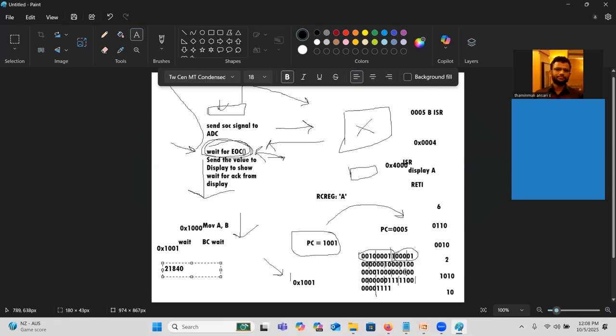then 8, 4, then 0, and 8, 0, 8, 0, 0, 0, 7, C, 0, F. You will find the content of your hex files like this.